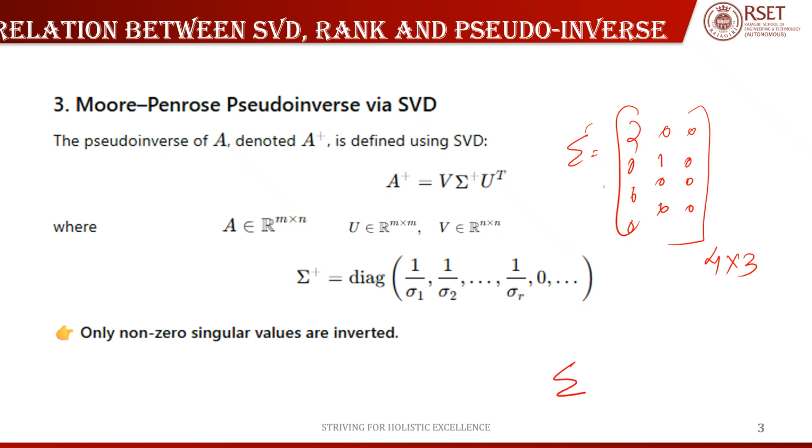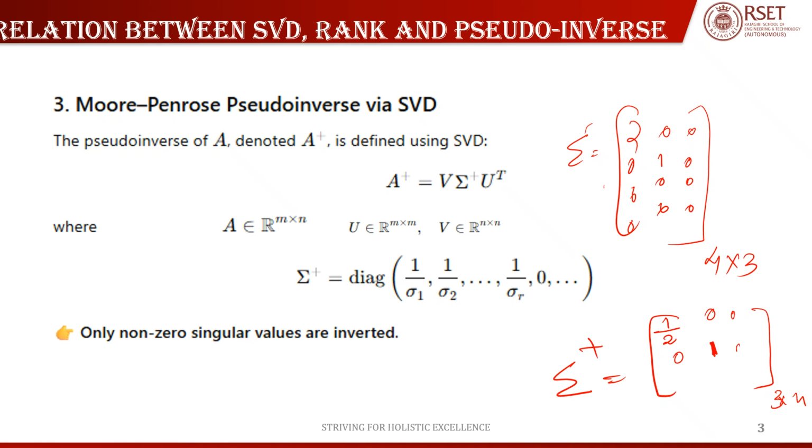The corresponding sigma plus is given by taking the reciprocal of the non-zero diagonal entries. The first one will be 1 by 2, and the next will be 1 by 1, so it will be 1. Then, since it is a 4 by 3 matrix, you make it 3 by 4, with all other entries zeros.